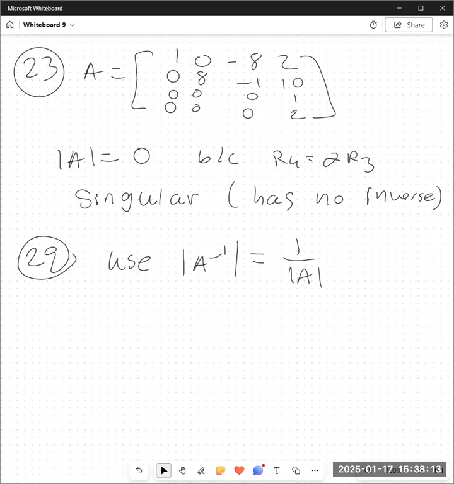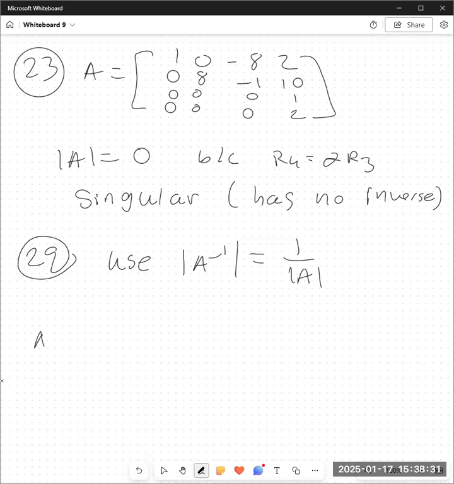So if we find the determinant of the original matrix in 29, we can just find the reciprocal of that to find the determinant of its inverse.